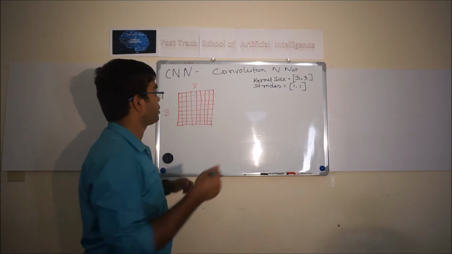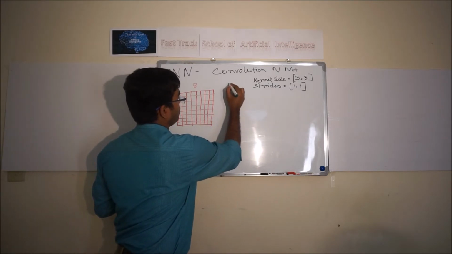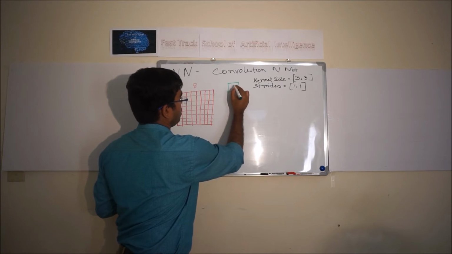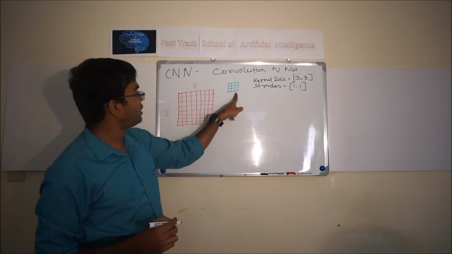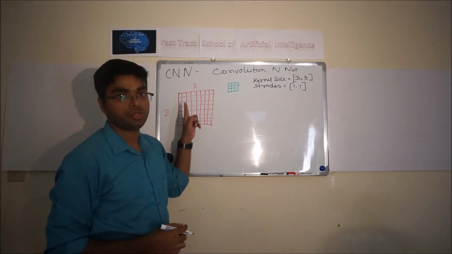Now we have a filter of 3 by 3. So we want to apply this particular filter on top of this image.